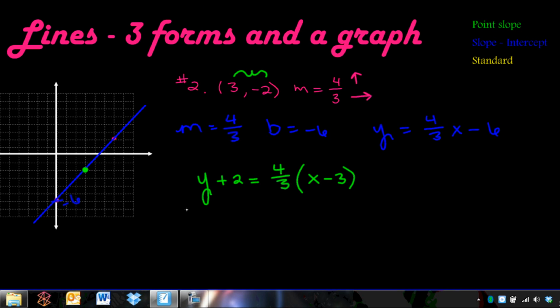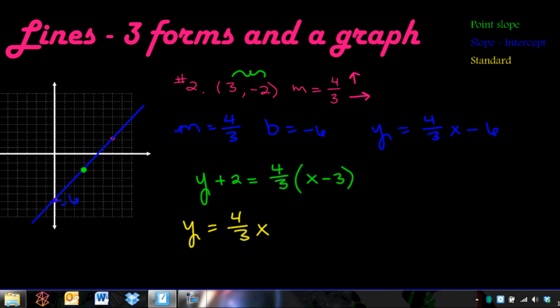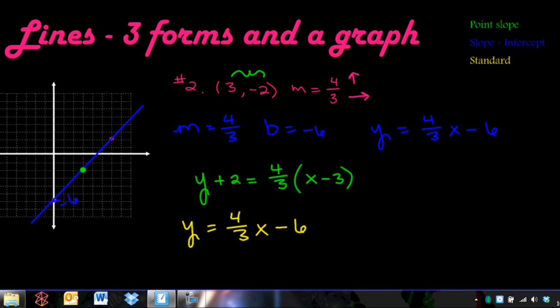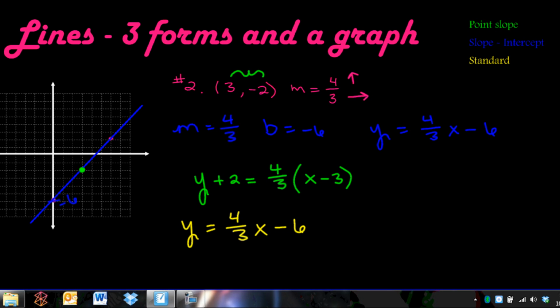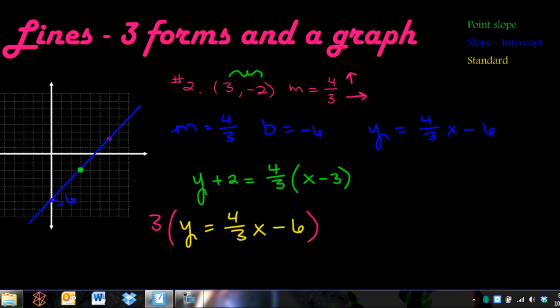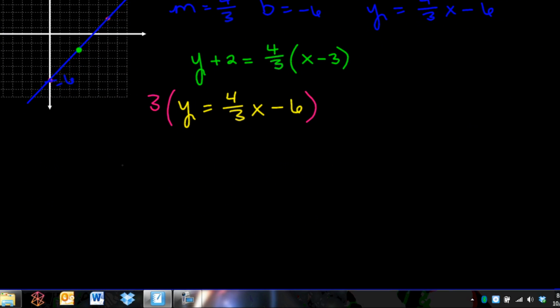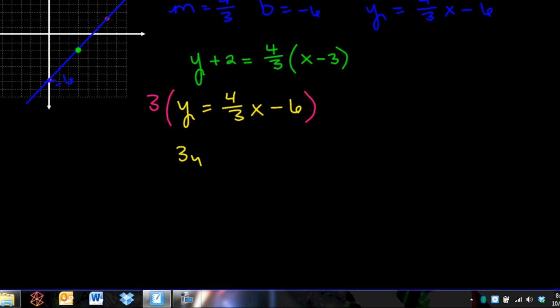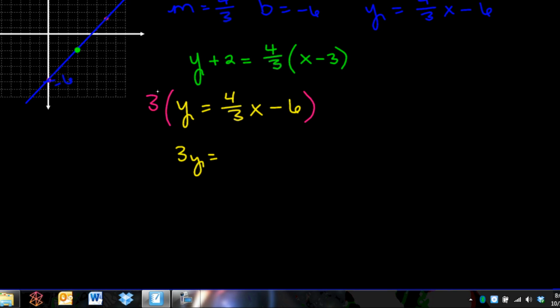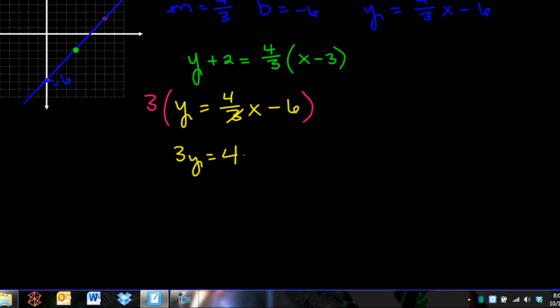If I'm going to start with y equals 4/3 x minus 6, the first thing we're really going to need to do is get rid of that 3 at the bottom of the fraction. So I'm going to multiply everything in the equation by 3. You end up with 3y equals, now 3 times 4/3 makes that bottom fraction go away.